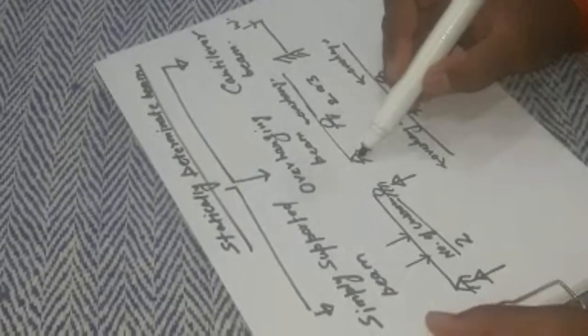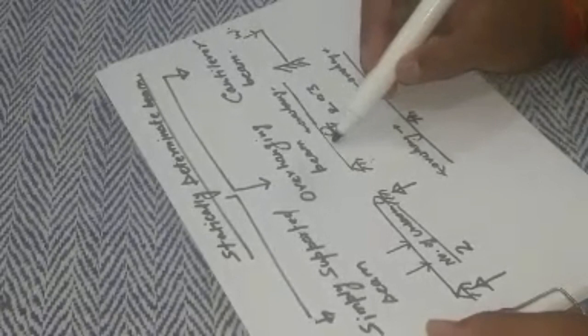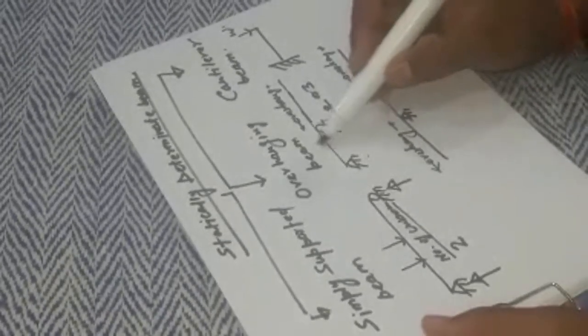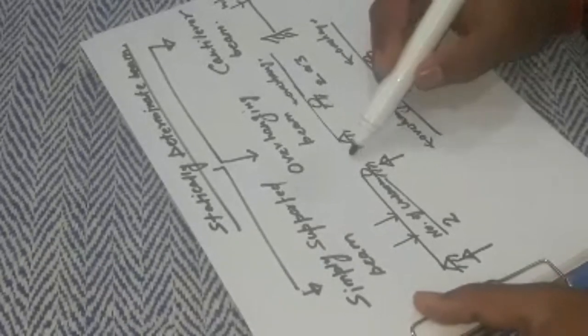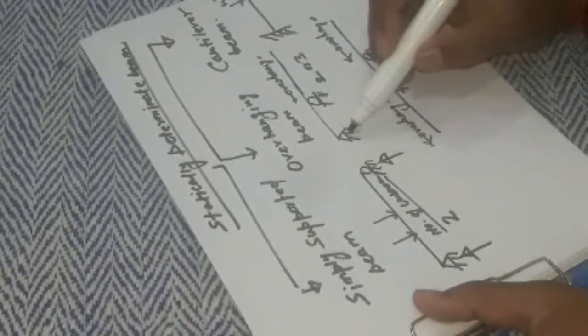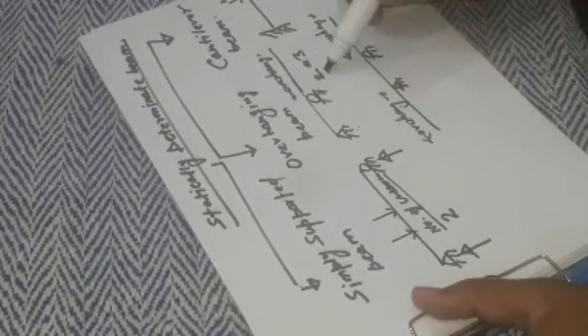When hinged, it offers resistance only in the vertical direction. When there is an inclined force, there will be a vertical and horizontal component of reaction for this hinge support, so the number of unknowns is 3.